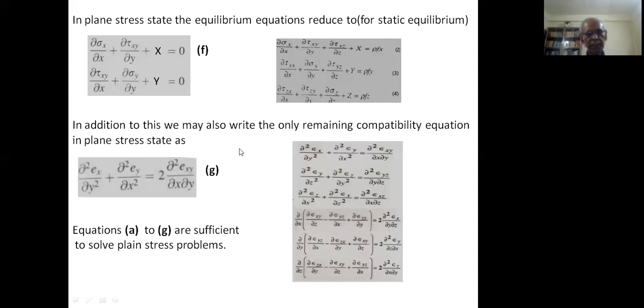Now, in addition to this, we also have to look at the compatibility equation. And as we remember, in the compatibility equation, there are 6 equations.